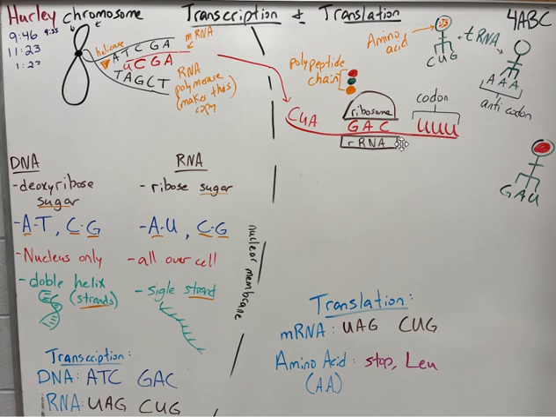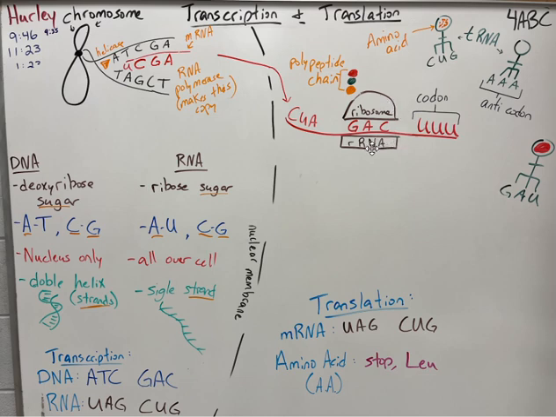Now GAC is sitting here, and what will happen is its pair, the tRNA that will match with this, will come over here to the ribosome, and the thing that the tRNA is holding will then be let go, and then the tRNA can go off and find another amino acid. So I just said a lot of things there.